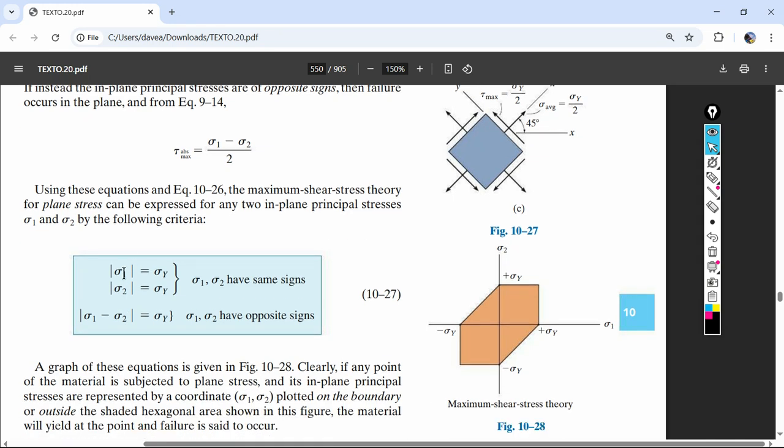And so yes, if these are either negative, then I think this one is the only one that would need it. Oh yeah, I guess it makes sense if this one has an absolute value, because the yield stress can equal the second principal stress if this principal stress is negative and has the larger value.